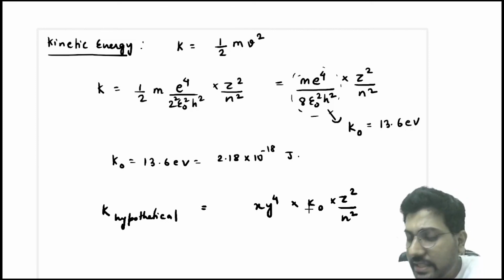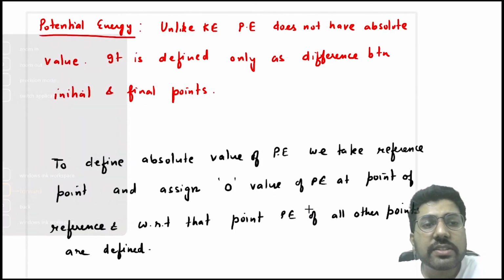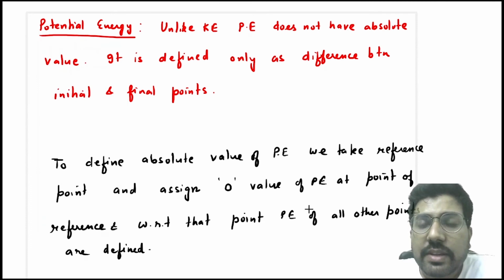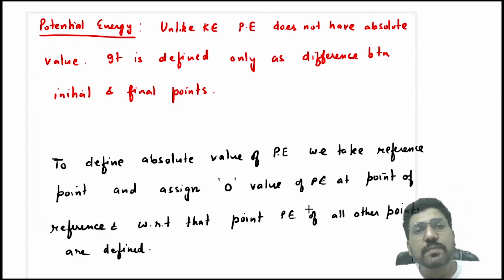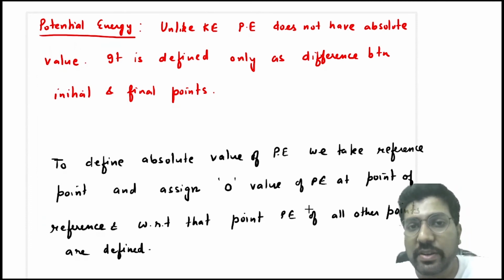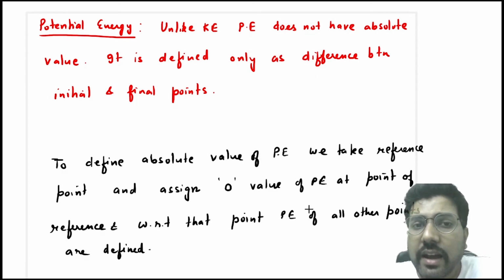Now the next thing that we will discuss is the potential energy. Kinetic energy is always positive and has an absolute value, but potential energy is not like kinetic energy. Unlike kinetic energy, potential energy does not have any absolute value.